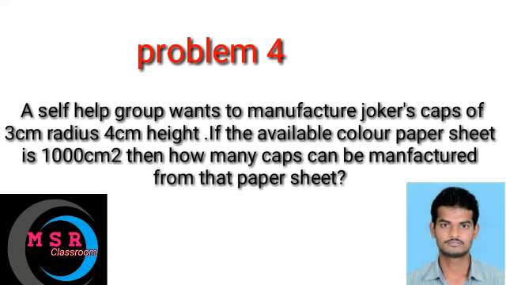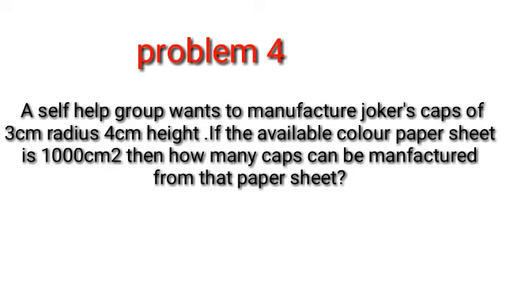Problem. A self-help group wants to manufacture joker caps of 3 centimeters radius and 4 centimeters height. If the available color paper sheet is 1000 centimeters square, then how many caps can be manufactured from that paper sheet?